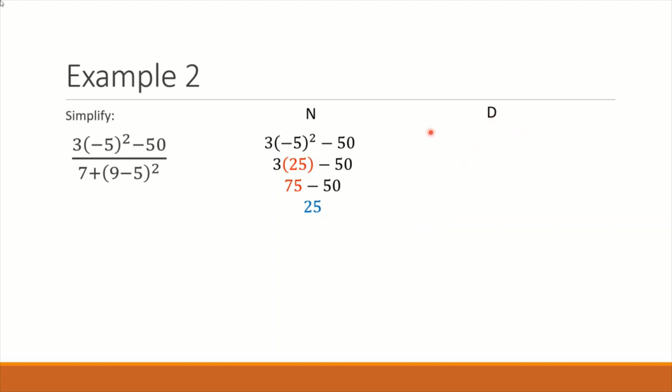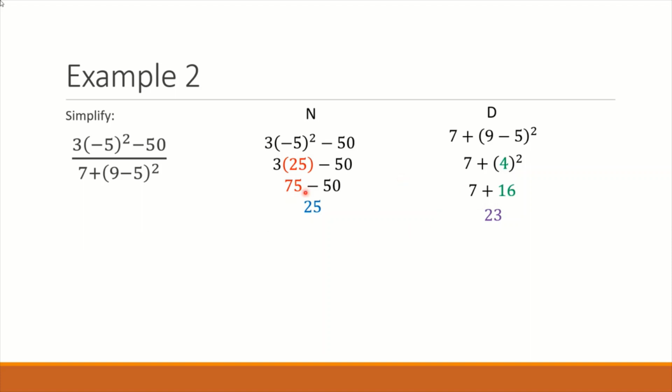So now let's focus on the denominator, which is 7 plus parentheses 9 minus 5 parentheses squared. Do what's inside the parentheses first. So 9 minus 5 is 4. 4 squared, we're doing exponents next. So that's 16. 7 plus 16 is 23.